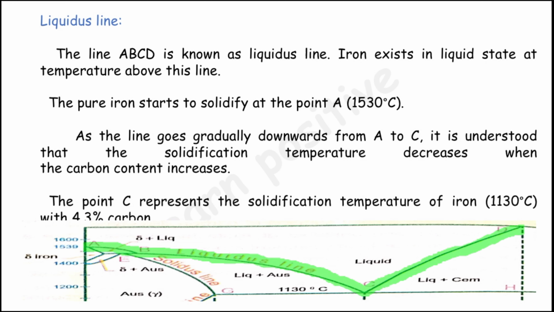The point C represents the solidification temperature of iron, 1130 degrees Celsius, with the carbon percentage of 4.3%. So when we increase above 2% of carbon, it is said to be cast iron. So it is used for casting purposes.